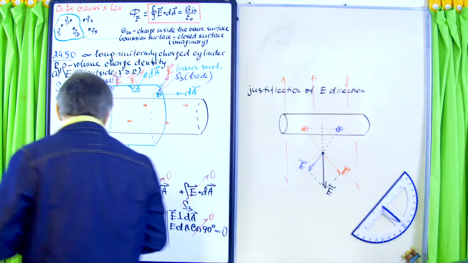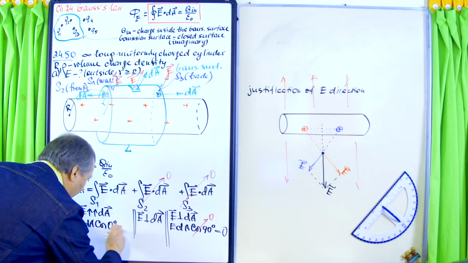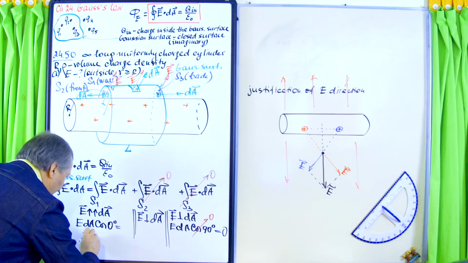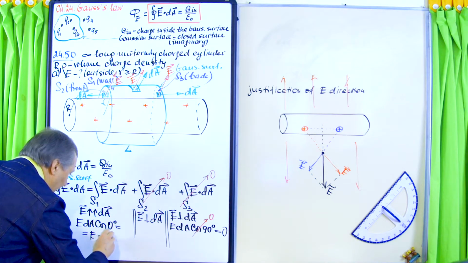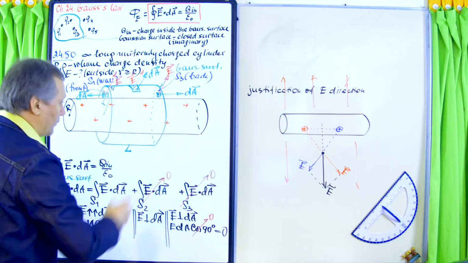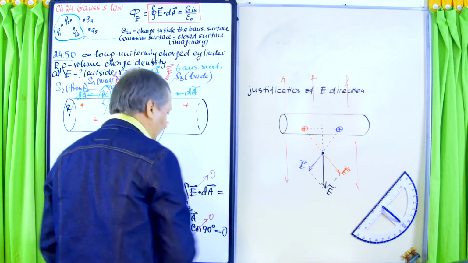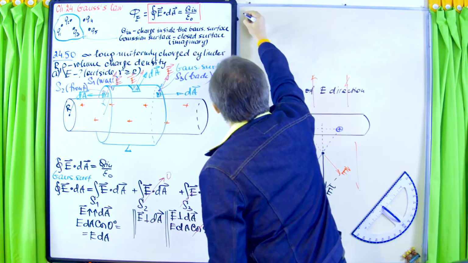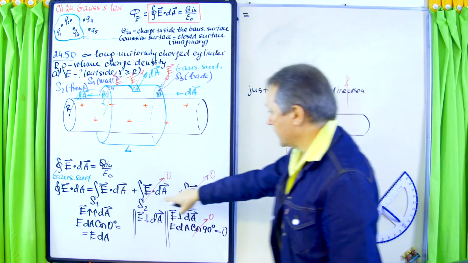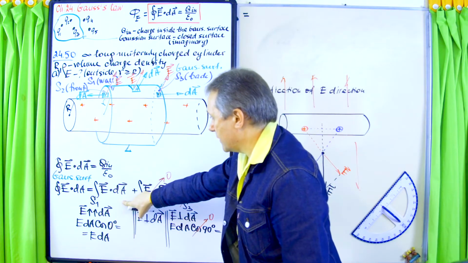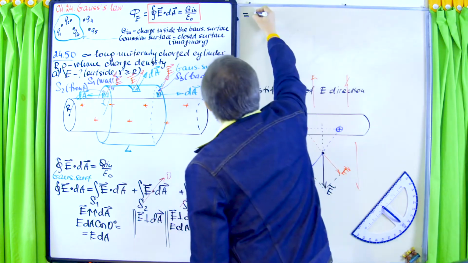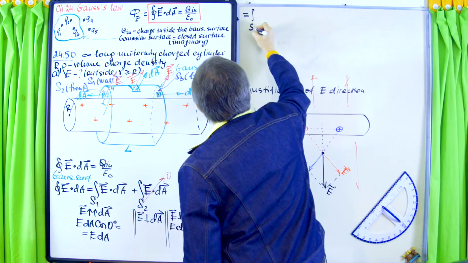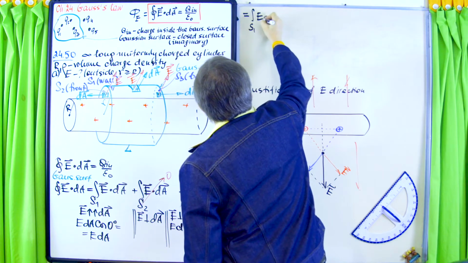Cosine of 0 degrees is 1. So it will be just E dA. Okay, so now I will move to that side. I will continue this line. Again, this is 0, so only this. And so now I can rewrite it as the integral over surface S1 of E dA.